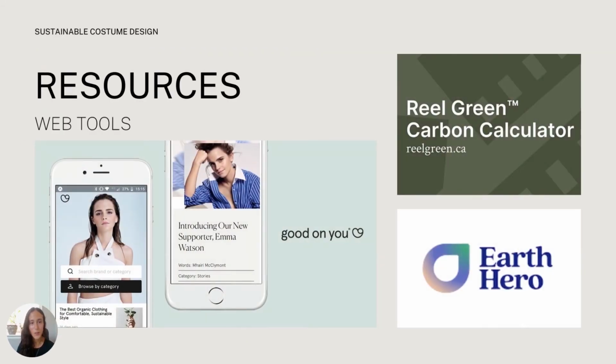A few other really great resources that I will just mention here. If you want to use these for your final project, or you just want to sample a bunch of them and see what works best for you and what resonates more, there's another web tool called Good on You. And I will talk about this platform more later as well when we talk about sourcing. This is an amazing platform when it comes to understanding the real impacts of particular brands.